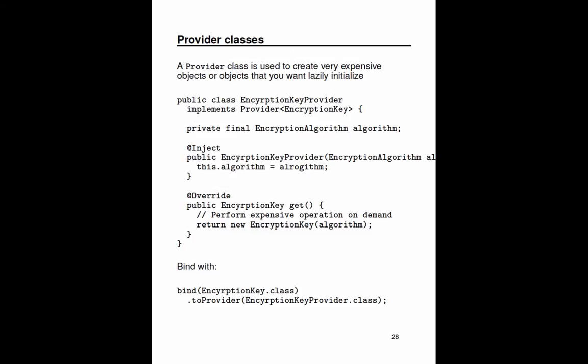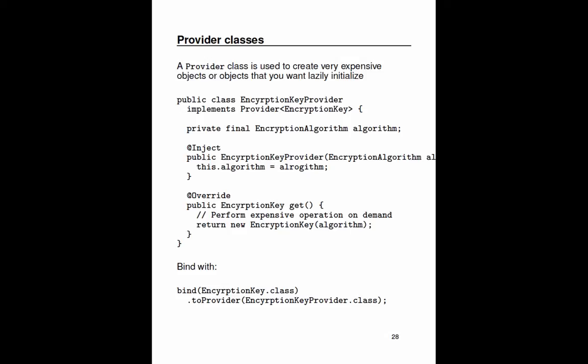If you've got even more complex initialization logic, there's something called a provider class that has a get method that will lazily initialize objects, and this is good when something's very expensive. So let's say that you've got an encryption key, and creating that encryption key is a very expensive operation, so you don't want to do it until it's actually needed.